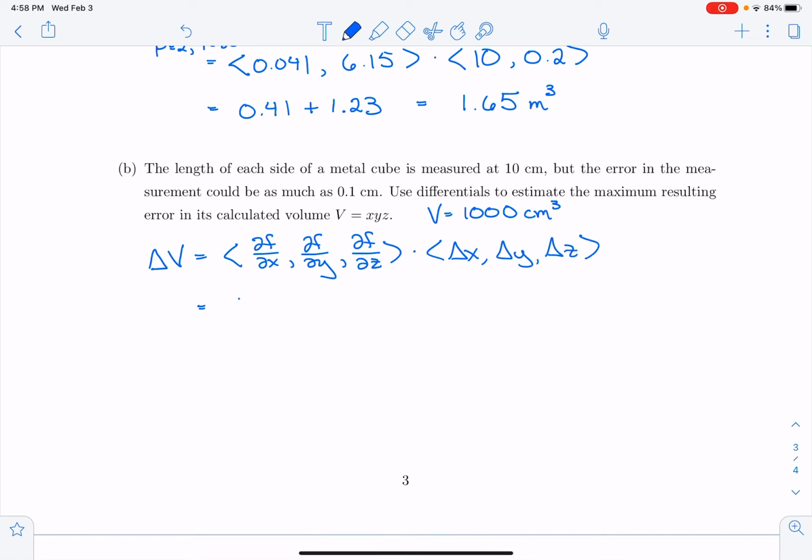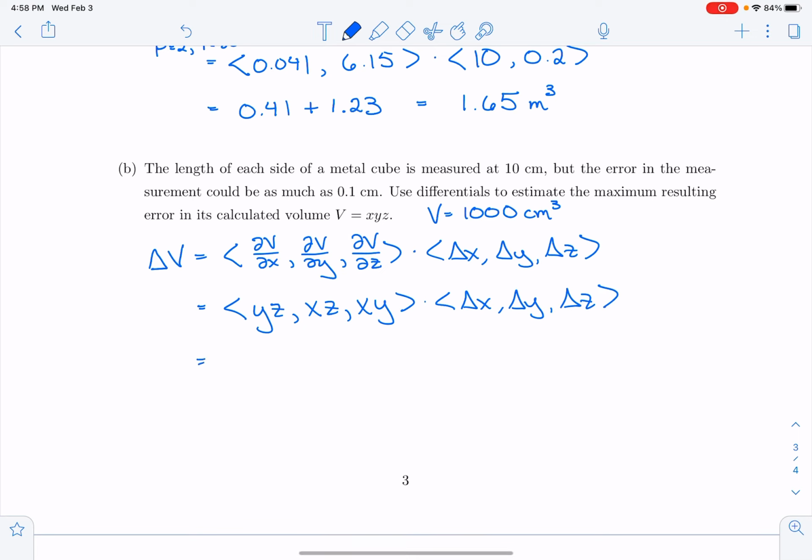Well, df dx, oh, those are not f's, those are v's. dv dx, that's going to be the derivative of xyz with respect to x, so that's yz. dv dy, the derivative of xyz with respect to y, so that's xz. And then dv dz, the derivative of xyz with respect to z, is going to be xy. And we're going to dot that with delta x, delta y, delta z.